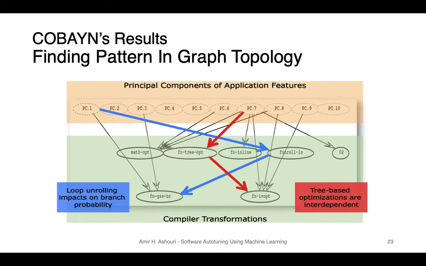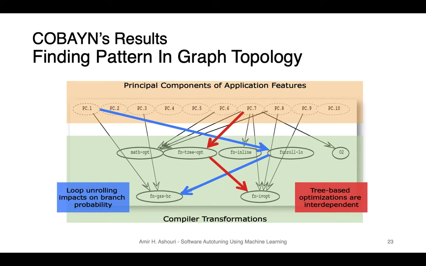So if you follow the blue path, you see that loop unrolling impacts branch probability, and also on the left, on the red arrow, you can see that these two tree optimizations are interdependent as well, and these actually make sense.